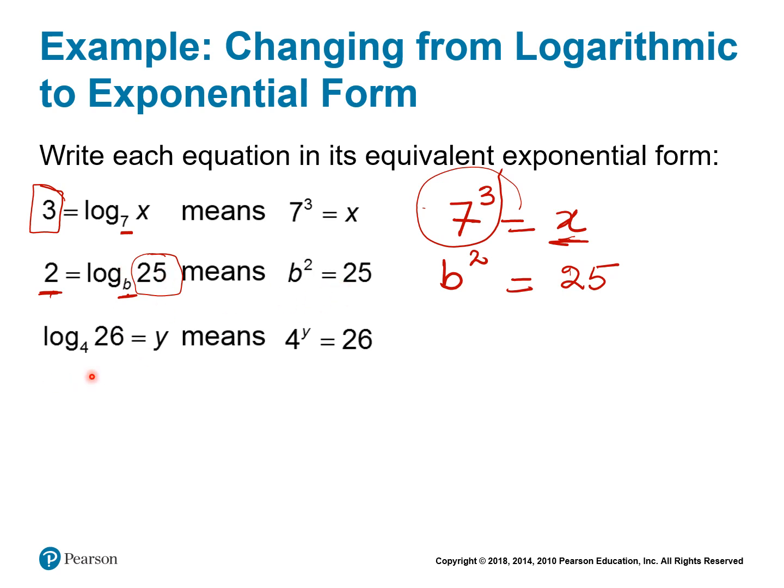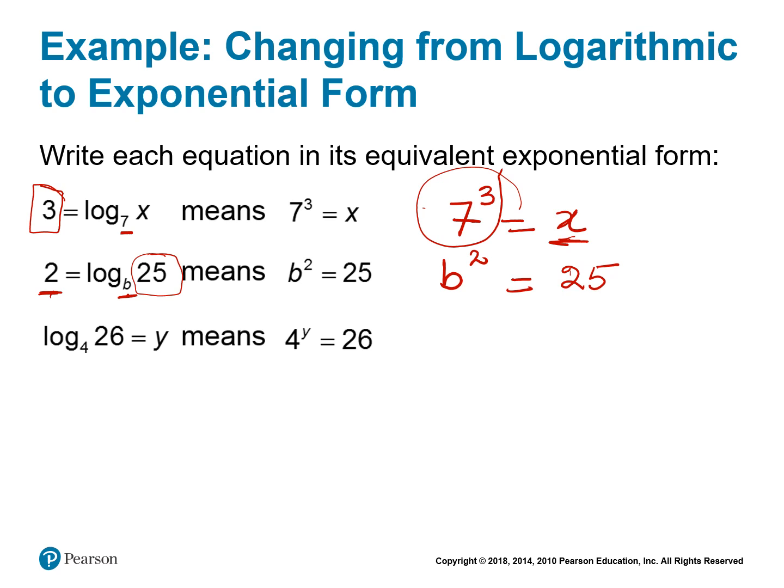All right. The last one says log base 4 of 26 equals y. Again, this y is on the other side of the logarithmic expression, so that means it's an exponent. So the base here is 4 and 26 is going to be the evaluated value from the exponential expression.